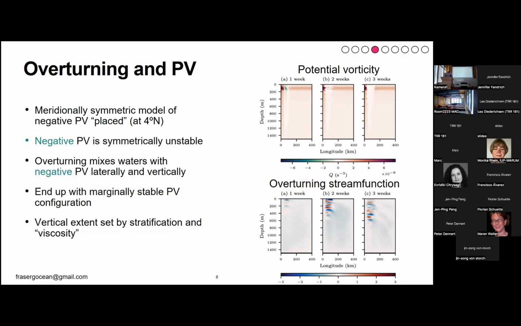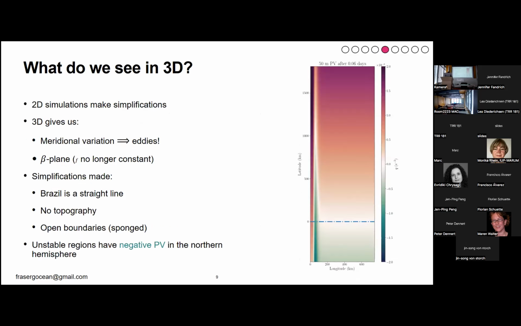Which is this with different resolutions, so 1 kilometer or 5 kilometer? So at 1 kilometer, we still see similar things. These are 2 kilometer runs. I've been looking at the deep western boundary current with 1 kilometer runs. And I think it was up to about, from the top of my head, 8 kilometers was what you needed to see anything. Well, actually, no, maybe it was 16 kilometers.